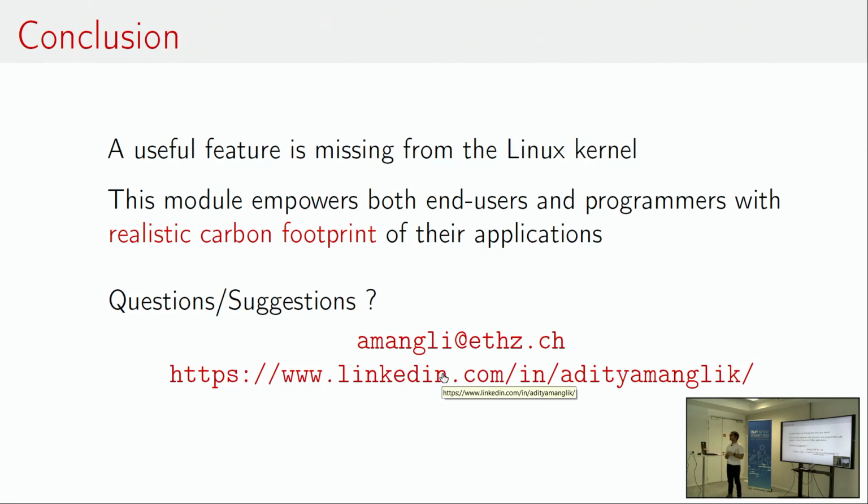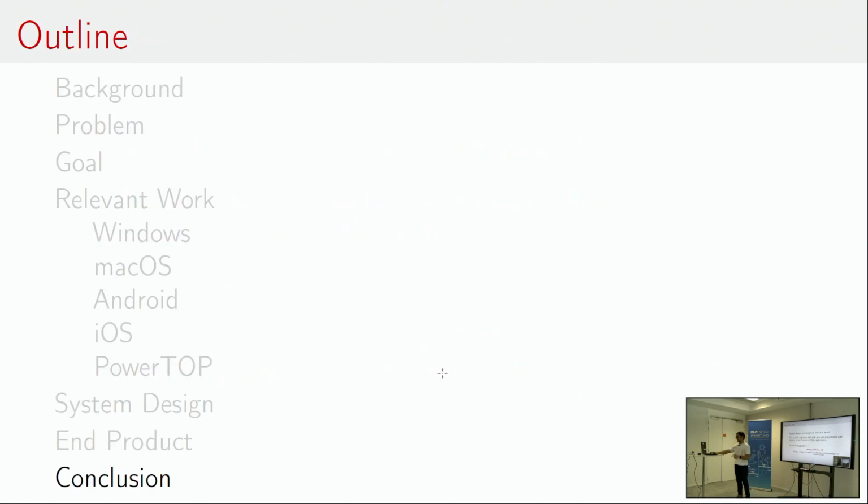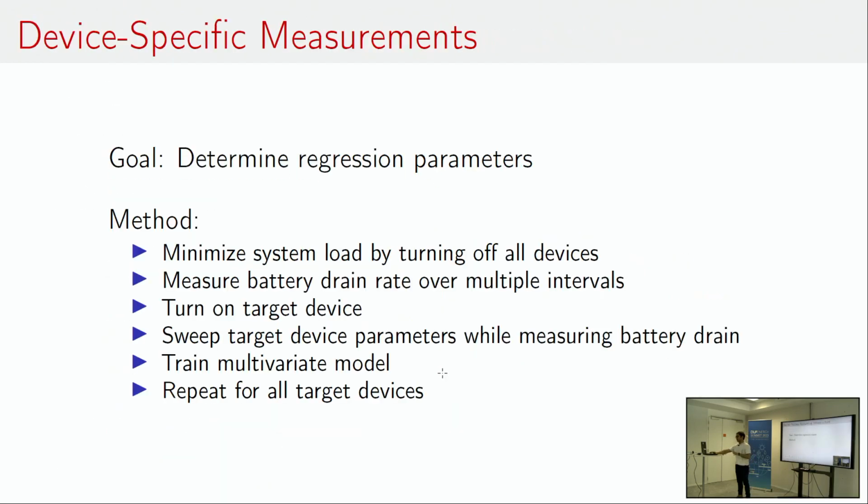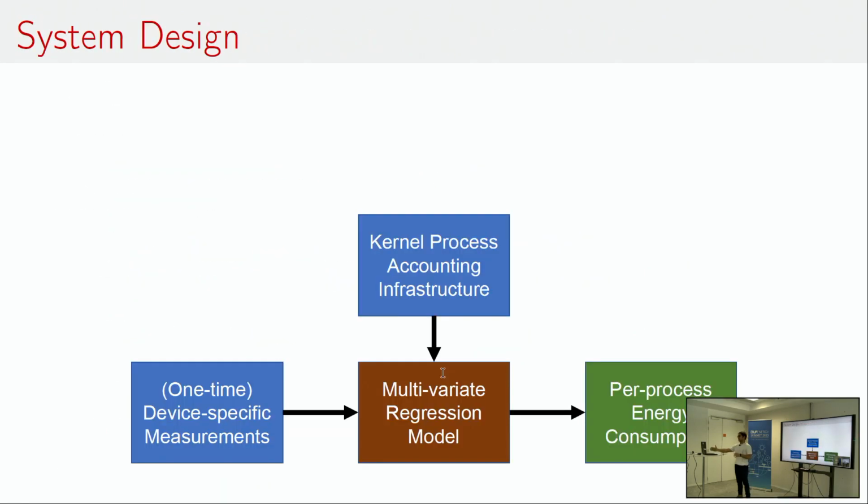Thanks. Yes? My question is, does your tool generate any additional overhead on energy consumption, like on a desktop? That's an absolutely brilliant question. Now, if you think about it, we're doing machine learning here. This is a multivariate regression model.